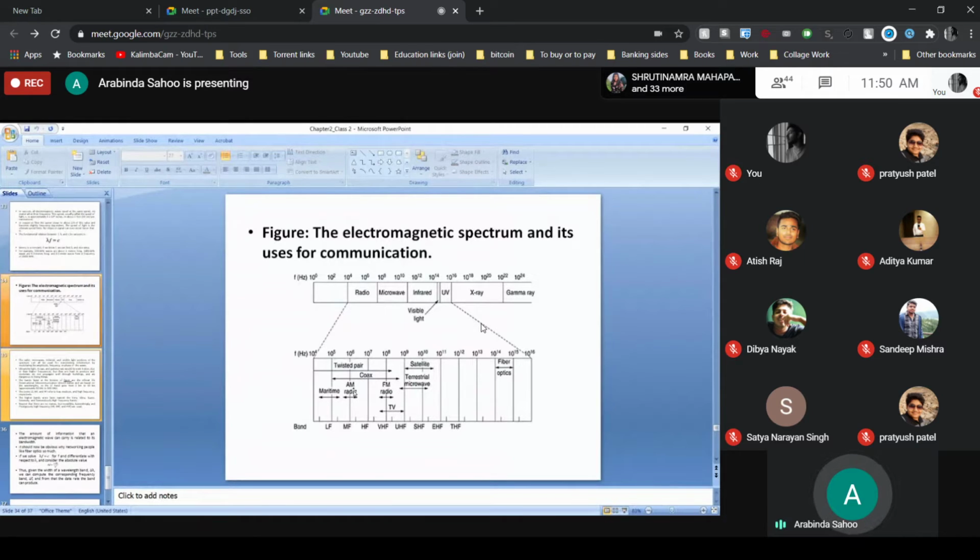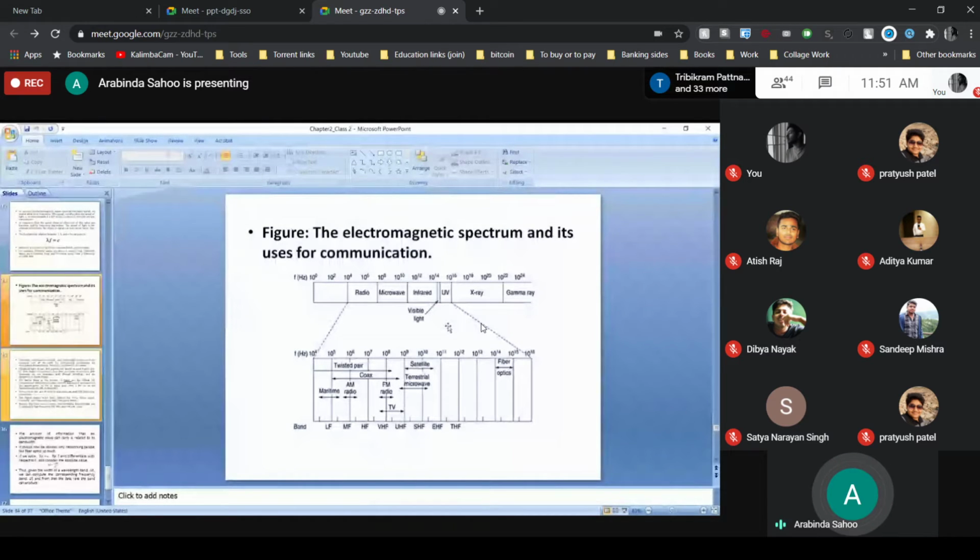So note down in your copy, the first one, naming according to the different frequencies. This frequency starts from 10 to the power 0 to 10 to the power 24.